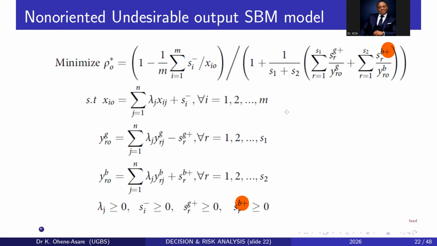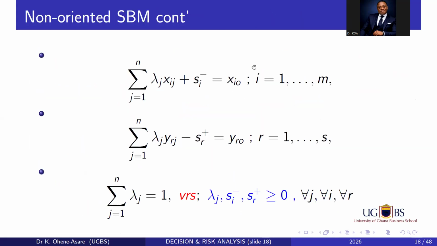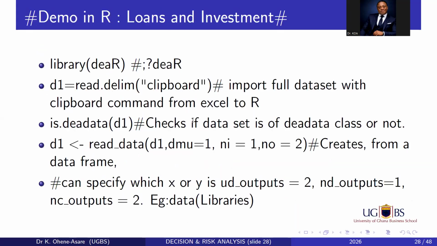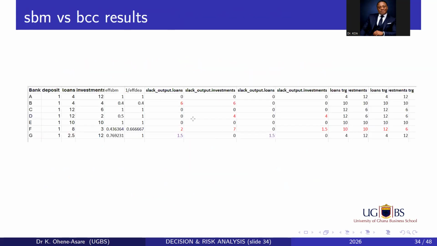If you check here, even here, the slack would have been obtained from here, because this one is known already. So once the estimation is done, you can make this one the subject and you can find the slacks. Once you have the slacks, you can find efficiency scores. That is it. So that is how you find these efficiency scores.